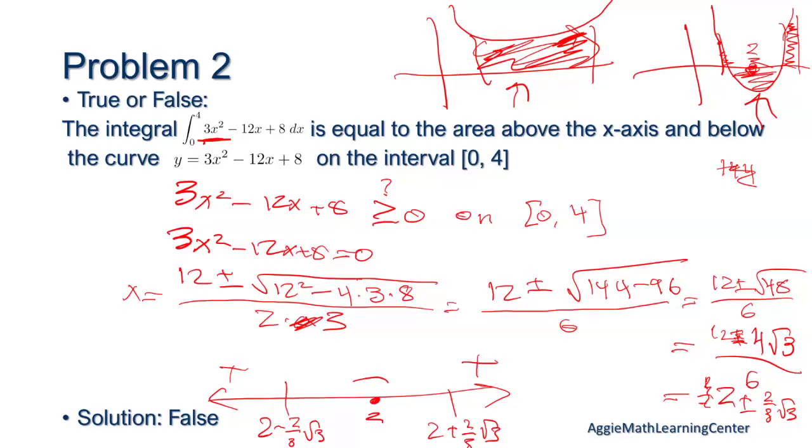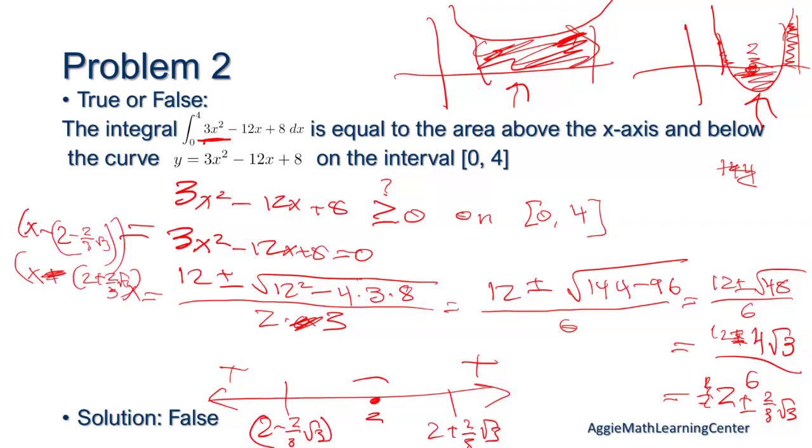Just plug in like a million in your head and see that the x squared term dominates. You say multiplicities are odd. What do you mean? The multiplicities of the roots. So when we factor this equation, this equals x minus (2 minus 2 thirds square root 3), times x minus (2 plus 2 thirds square root 3).